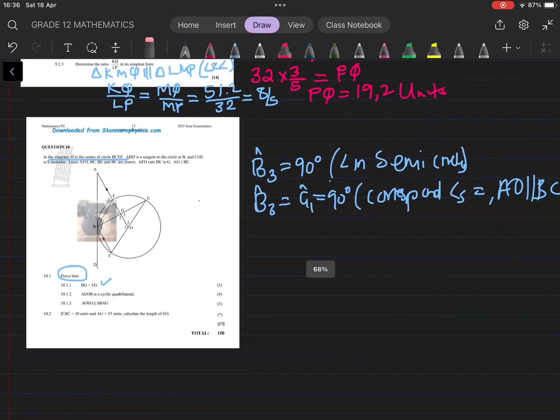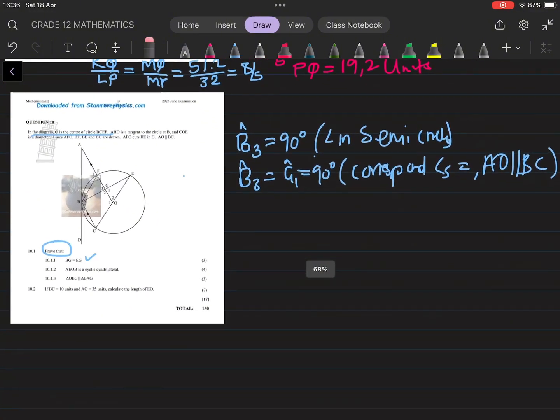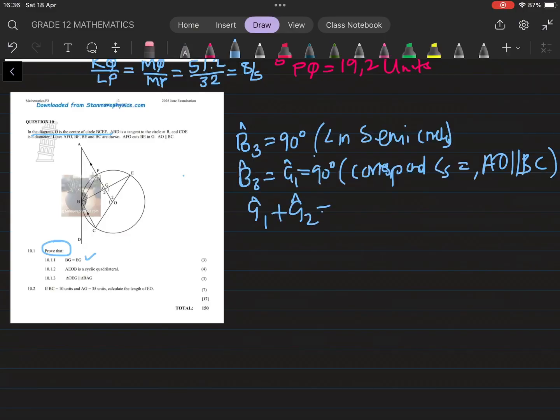Now, the given angle G1 and G2: if we take G1 and add G2, we're going to have 180.